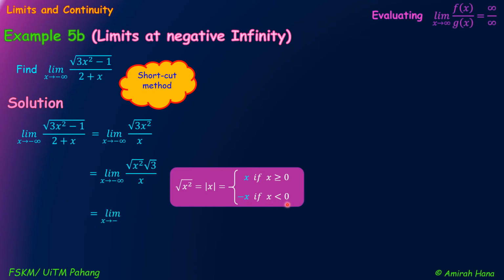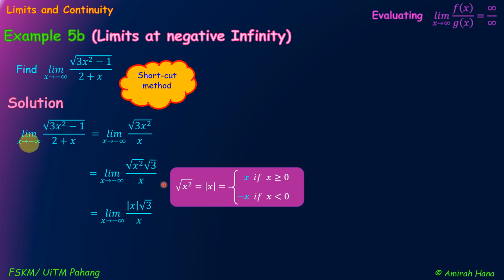So we write square root of x squared equals modulus x, but we just write square root of 3 here because it is not a perfect square, so no need to solve. From modulus x here, which one do we want to take? Is it positive x or negative x?